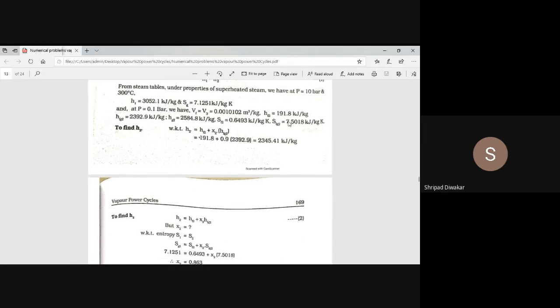So H1 minus H2 dash divided by H1 minus HF2 or H3. By calculating this, we are getting the efficiency as 24.7 percent. This is the efficiency of the actual Rankine cycle. Whenever the dryness fraction is given in the problem, you have to go for the actual Rankine cycle.